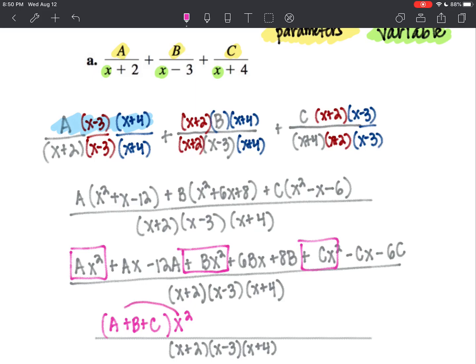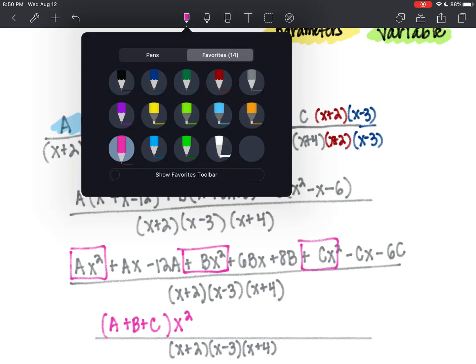So if you multiply through that x squared, you'll get exactly ax squared plus bx squared plus cx squared. With the distributive property, you can put the value on the outside of the parentheses in the front, or you can put it at the end. We're putting it at the end here because a plus b plus c is a parameter. That's going to be your coefficient of x squared.